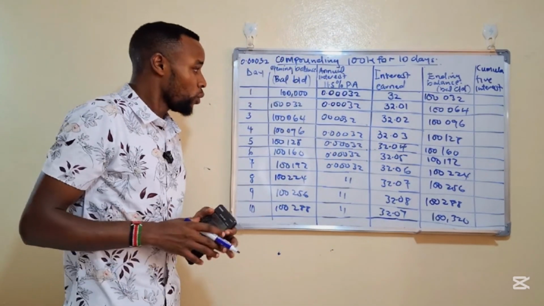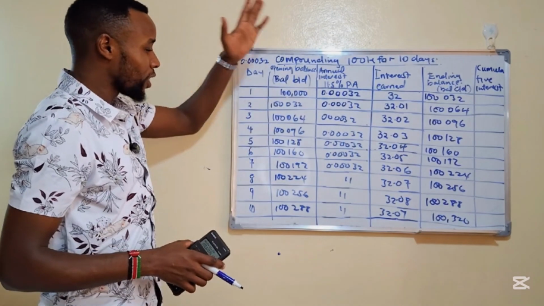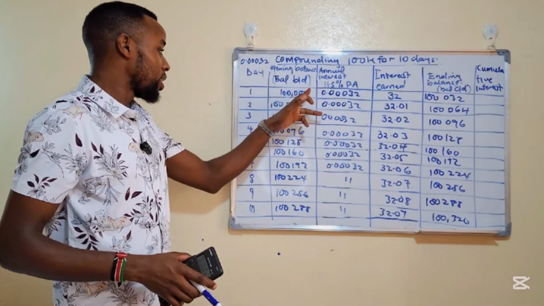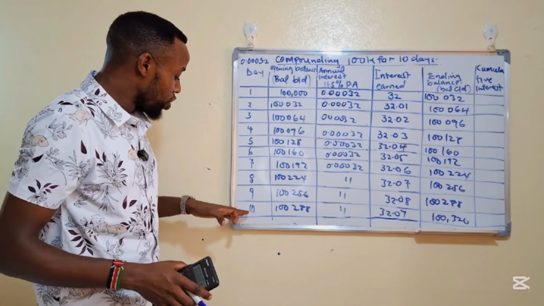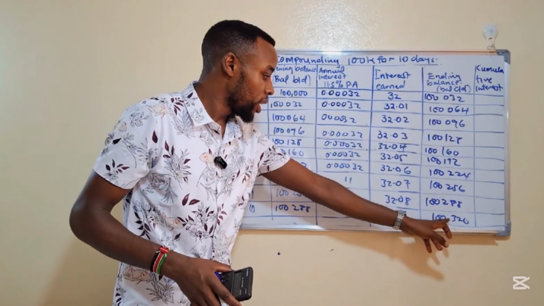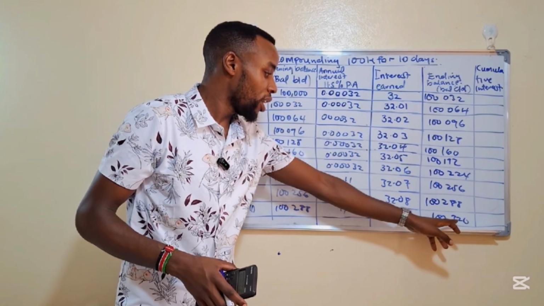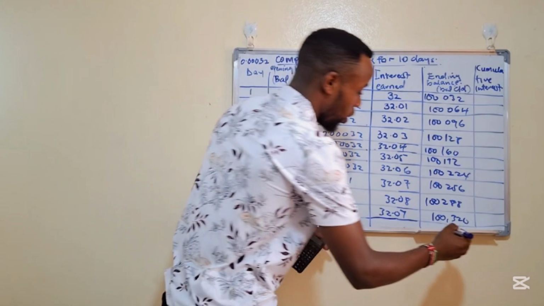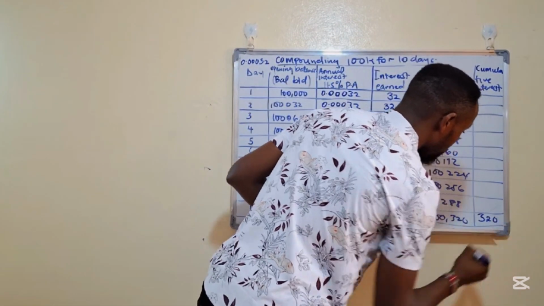So, ladies and gentlemen, what do we mean here? After doing all that calculation, it means from day one, when you started with 100,000, when you come to day 10, your ending balance should be 100,320 shillings. That means you have accumulated interest of 320 shillings.